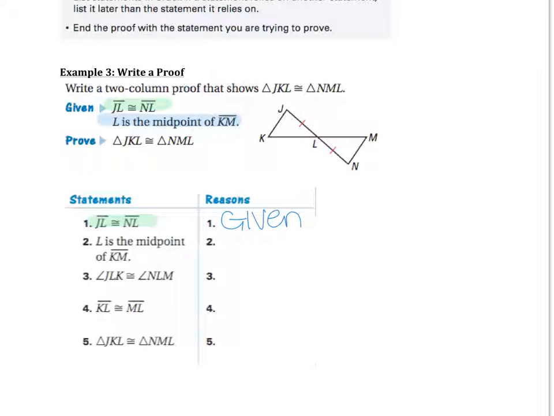Likewise, L is the midpoint of KM is also given. It says angle JLK is congruent to NLM. So what is that? Well, let's look at what they are up here.